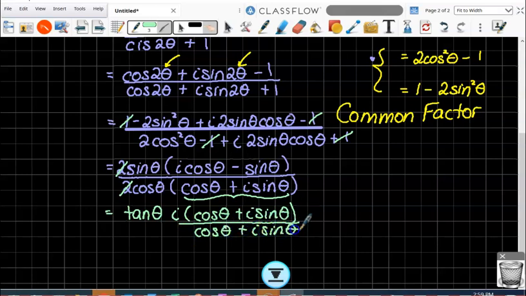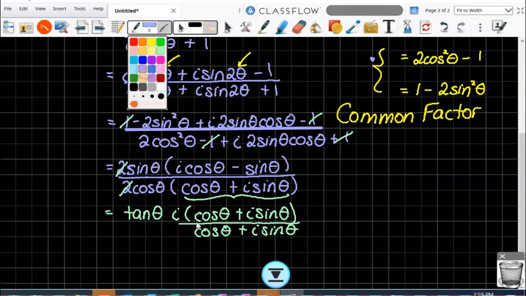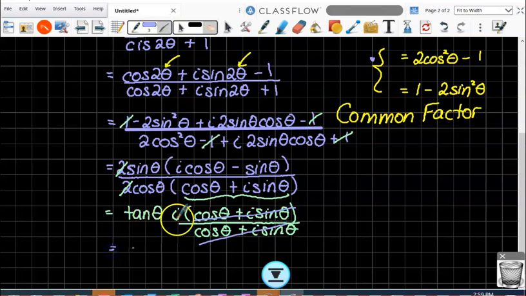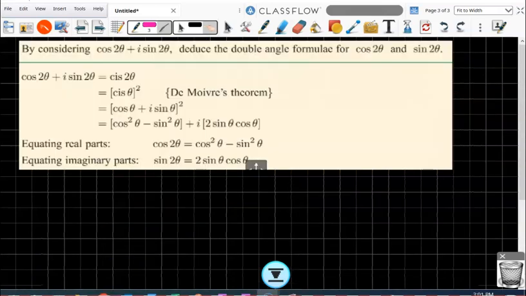If you wanted to, you can convert that to be cis theta, but I'm done at this point because I just want to cancel, cancel. So now I've got tan theta times i, which is i tan theta.